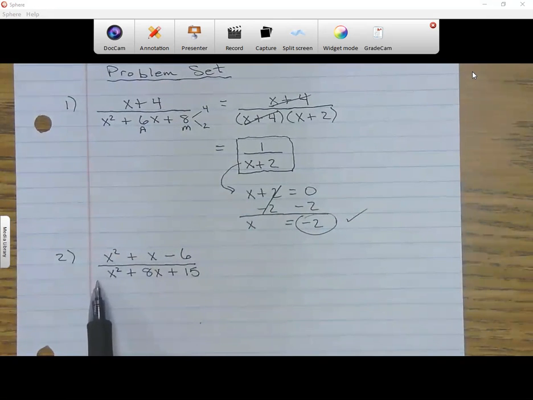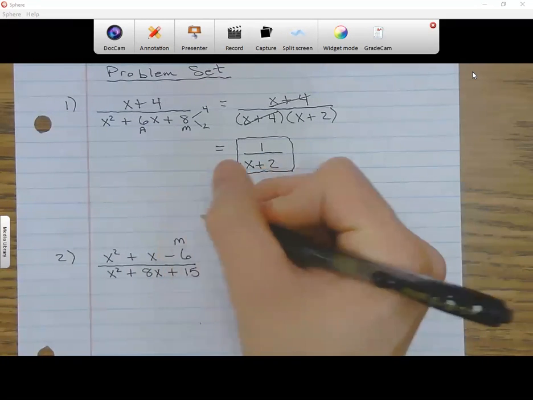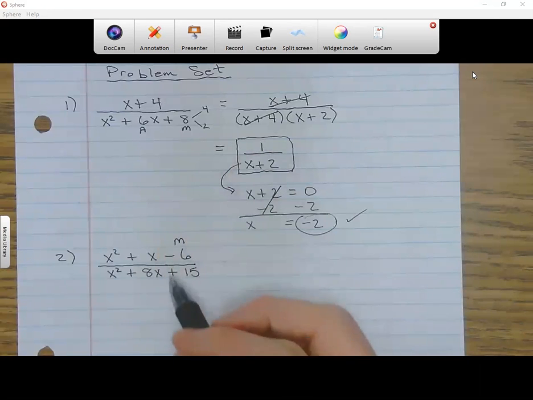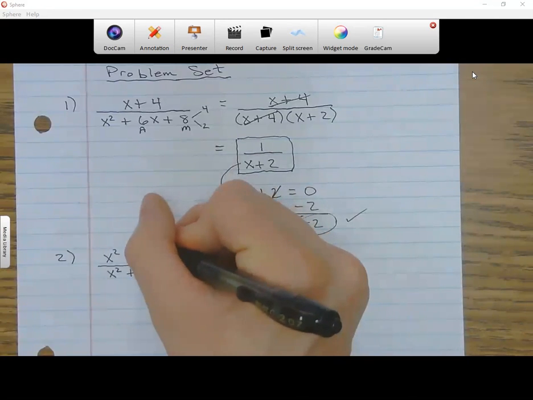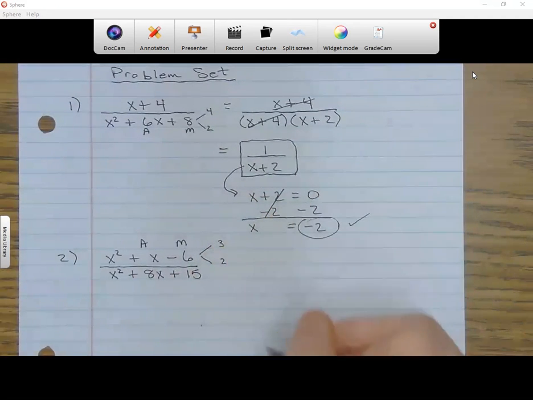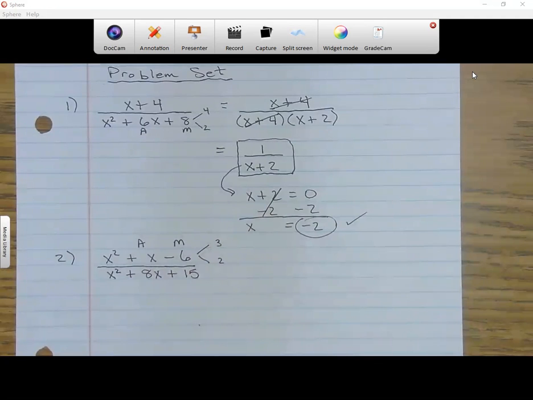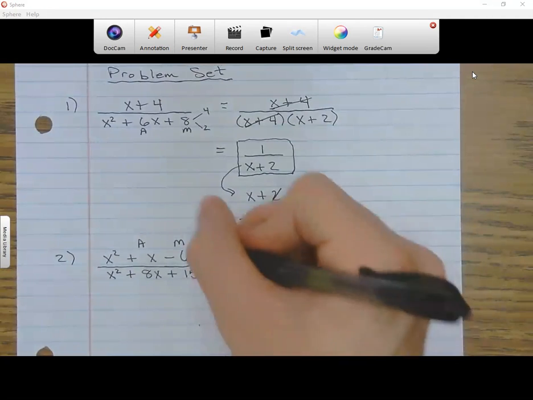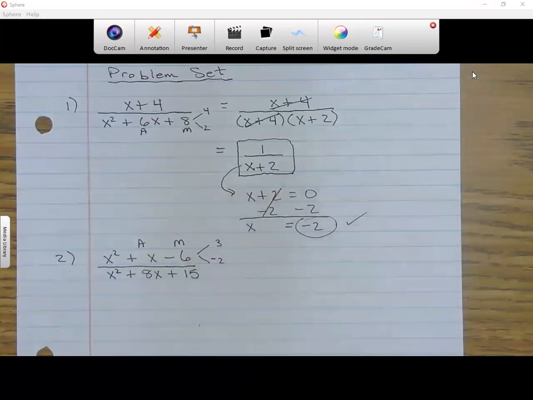The leading coefficient is 1, so I can do the adding and the multiplying. So what'll multiply to -6, but at the same time add up to a 1? Some kind of 3 and 2. And then I just think, okay, which number needs to be negative? Because one of them needs to be negative so that I can multiply to -6, but at the same time, I've got to add up to a positive 1. So that means the smallest number has to be negative. I'll put that negative on the 2.